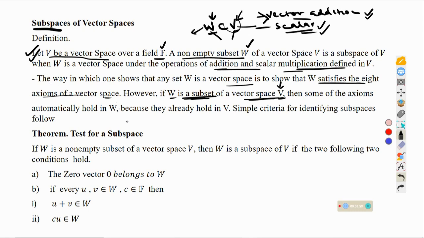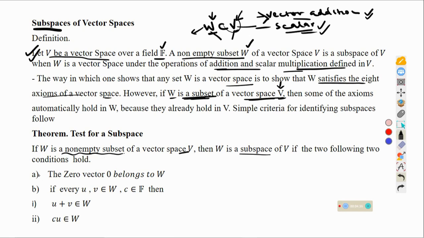Now, how do you test for a subspace? Clearly, if W is a non-empty subset of vector space V, then W will be called a subspace if the following two conditions hold. We have only two conditions that we shall always try to prove. If they hold, then we shall call that given non-empty subset a subspace.